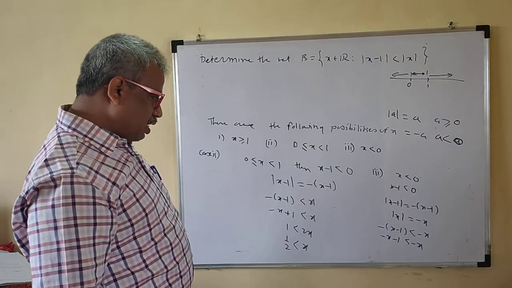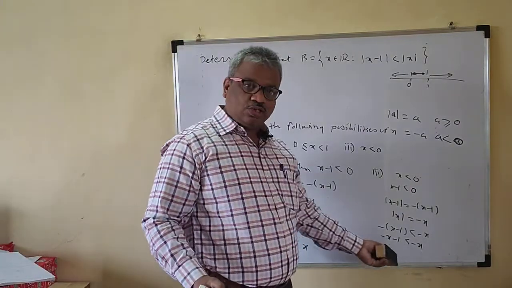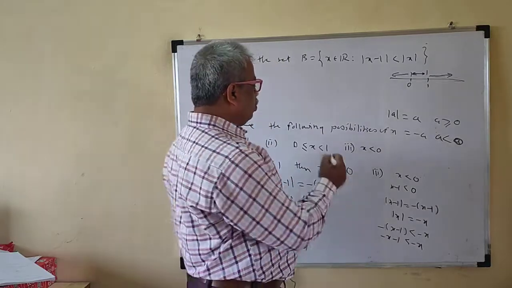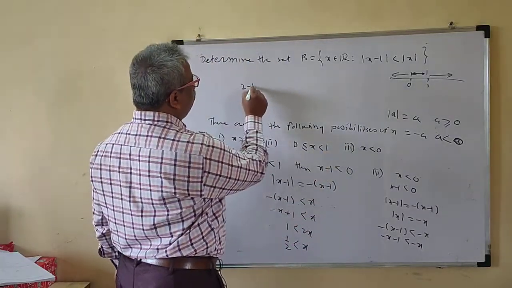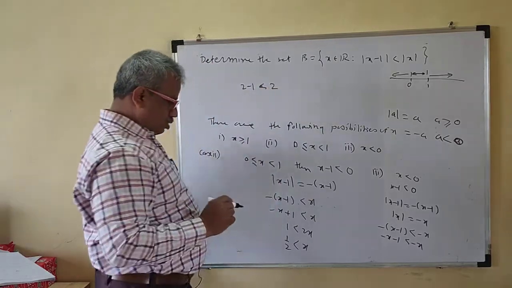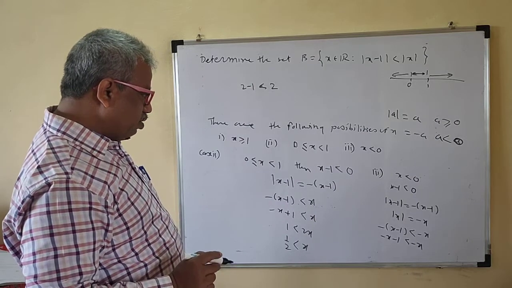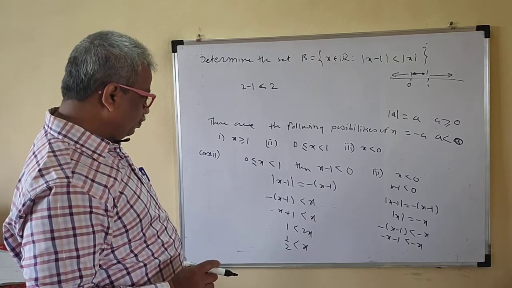Now does it hold? Let me take x as minus 2 and check whether this holds or not. If I take minus 2 here, then minus of minus 2 minus 1 is less than minus of minus 2, so minus will become plus.